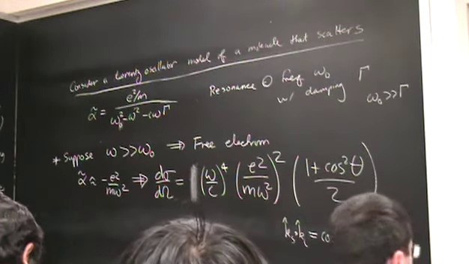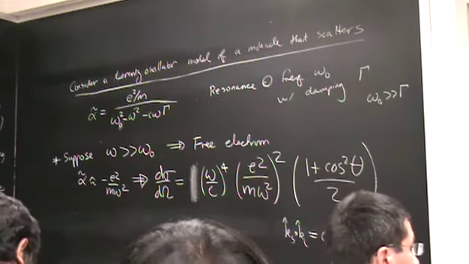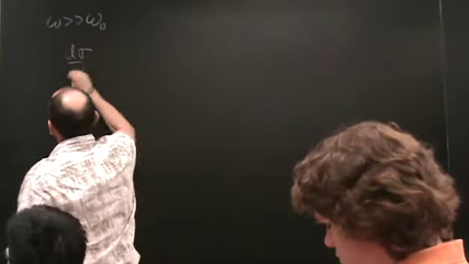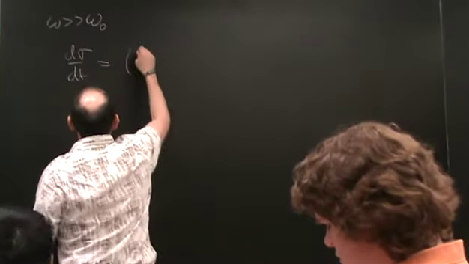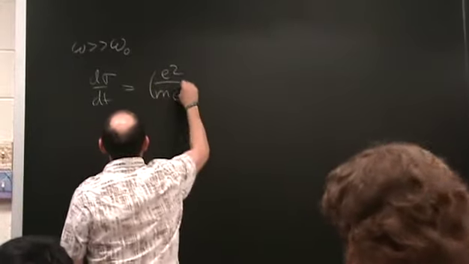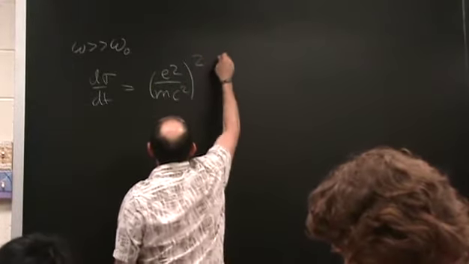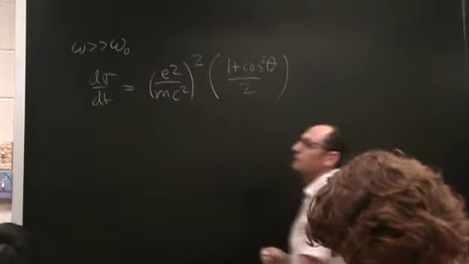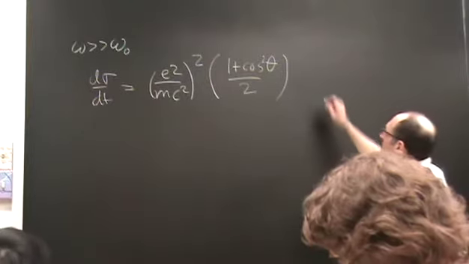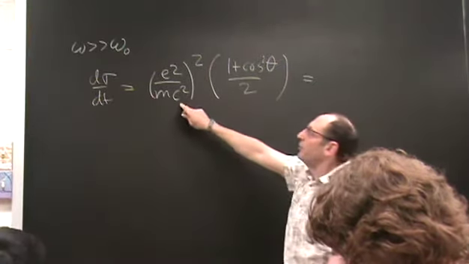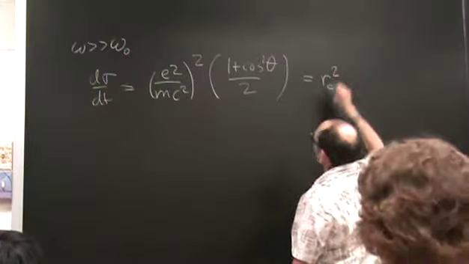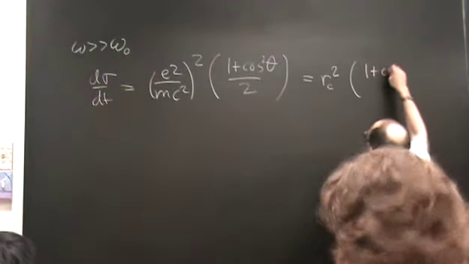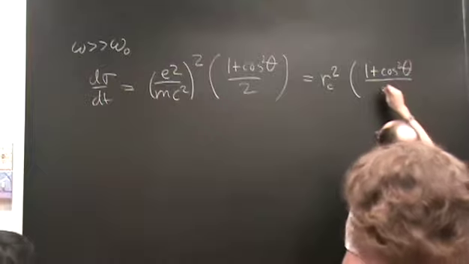And we see that if omega is huge compared to omega naught, then my differential scattering cross-section takes the form e squared over mc squared, squared, times 1 plus cosine squared theta over 2, which is equal to something we call the classical electron radius squared over 2.